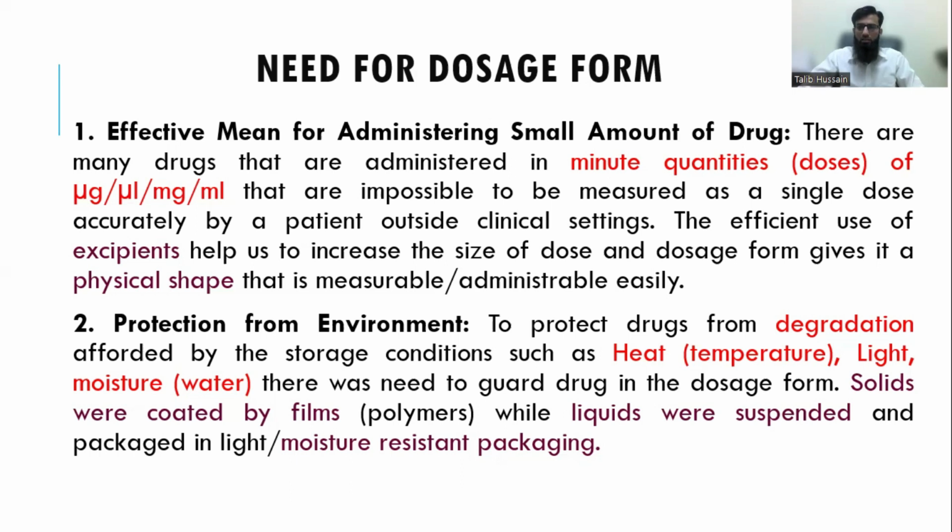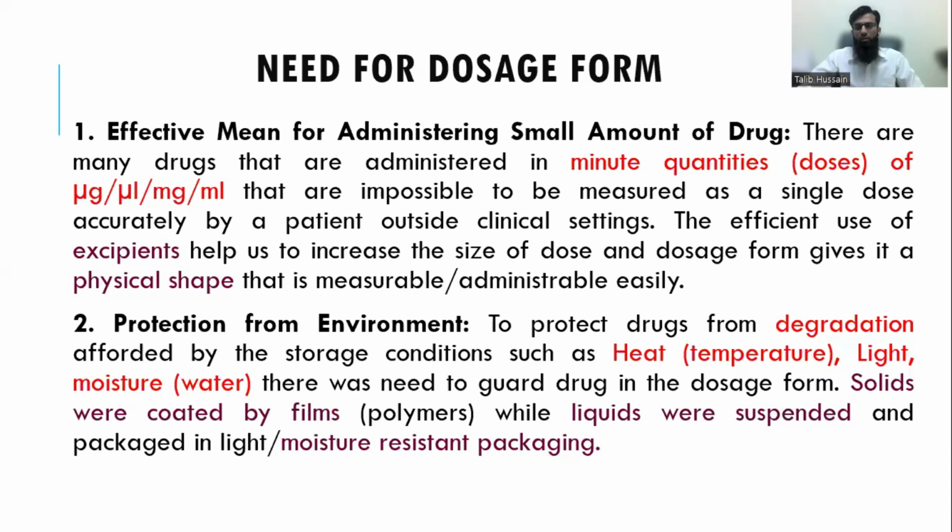So these excipients were initially used to develop a physical form of the delivery device so that it can be easily administered by the patient itself or by clinical personnel with ease, by giving a specific dose in a specific unit.